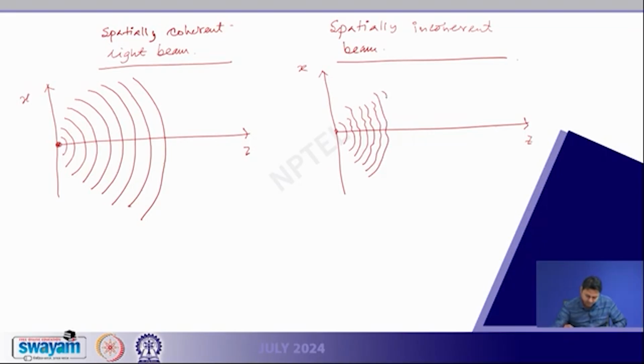So there will be no phase relationship if it is an incoherent kind of wavefront moving from an incoherent kind of source. So this is the way the coherent and incoherent beams are going to propagate in space, in terms of spatially coherent and incoherent.